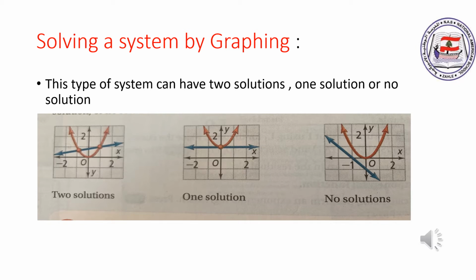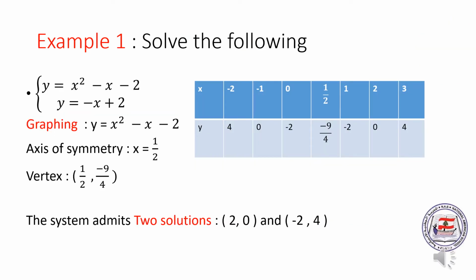Or finally, when the straight line is away from the curve, we say that we have no solution. In each of the following examples, we will solve each system both ways, by graphing first, then by calculation, and for sure, both ways will give us the same solutions.